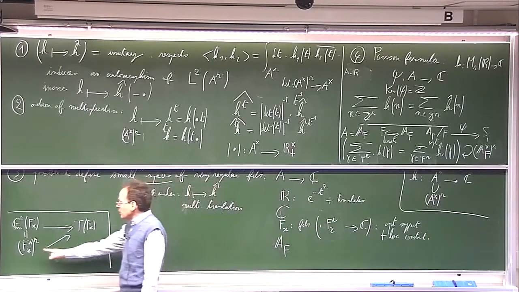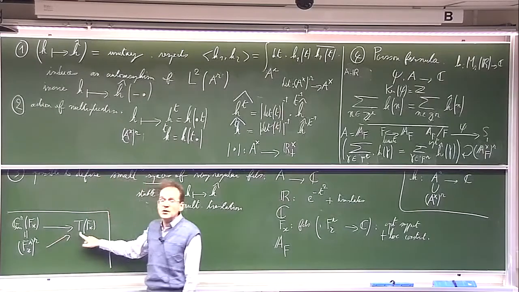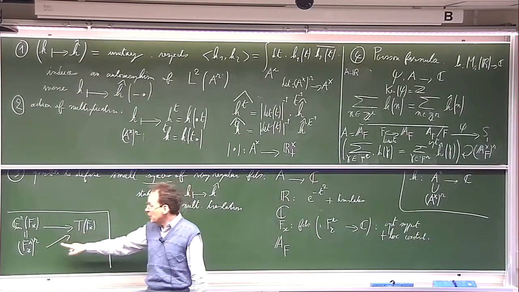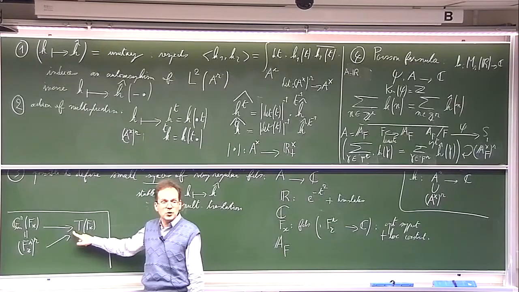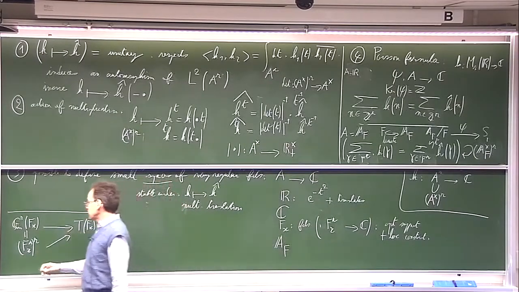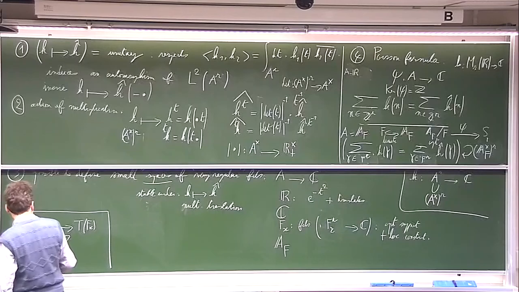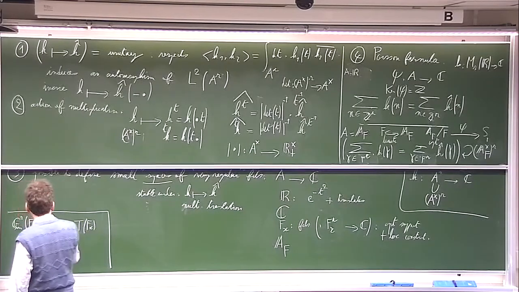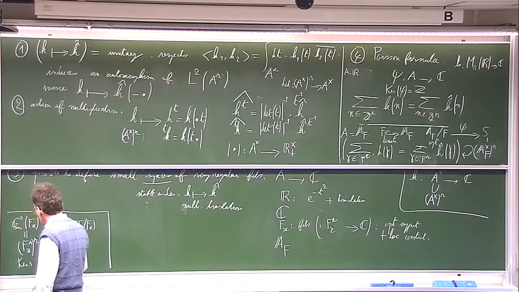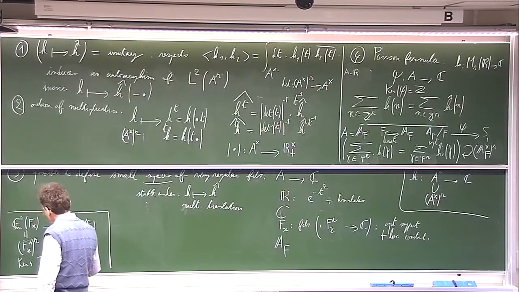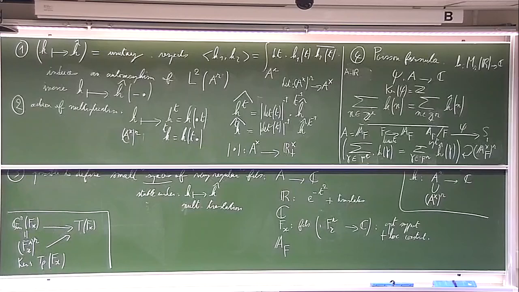So in general, this homomorphism will not be surjective, but its image will always be an open subgroup. Okay, so the kernel of this map is T-rho of Fx. Okay, so here it is always exactly that.